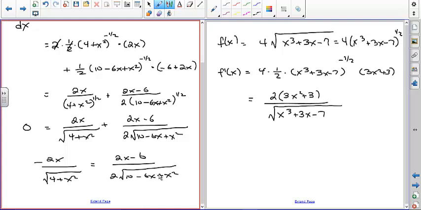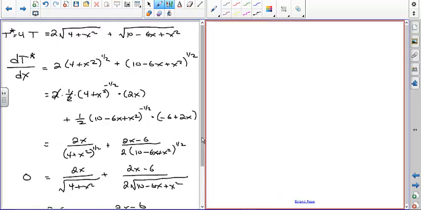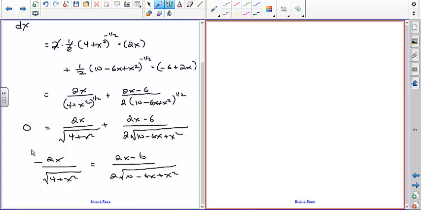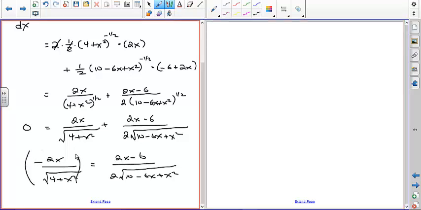nothing's changed. I mean, the equation's the same. And what you could do is if you square everything, so if I square this and I square that, it's still equal because I'm doing the same thing to both sides of the equation.